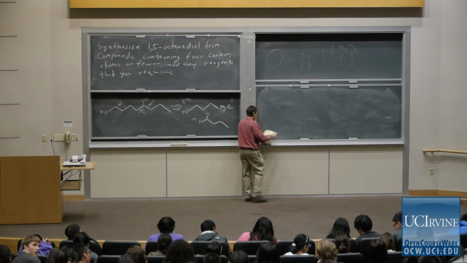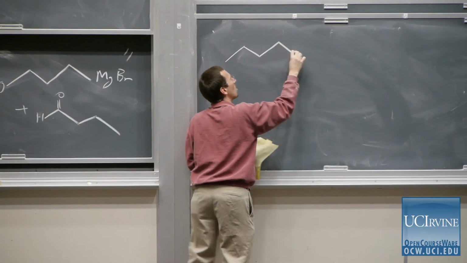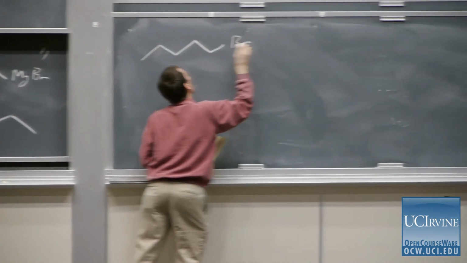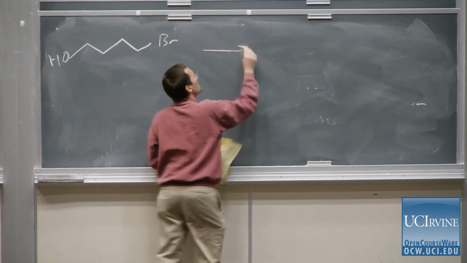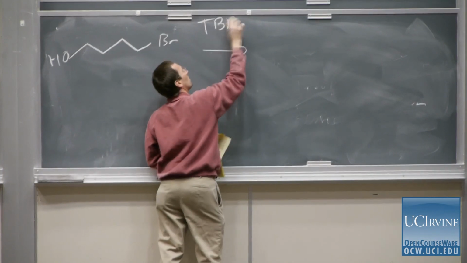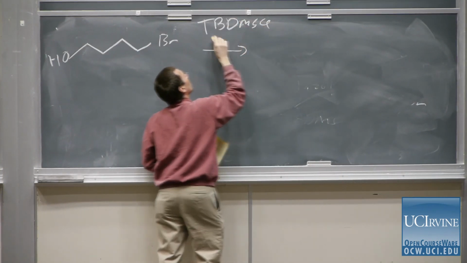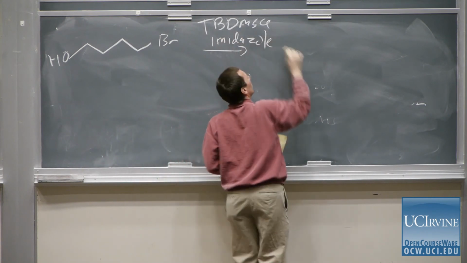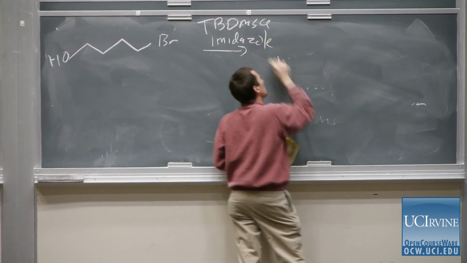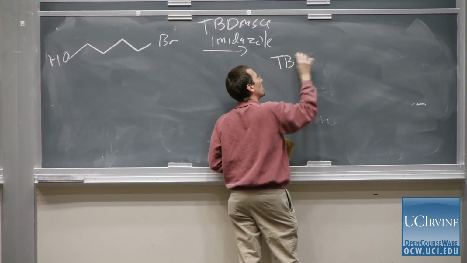We start with 4-bromo-1-butanol. We protect it with TBDMS chloride and imidazole to get the corresponding TBDMS ether.